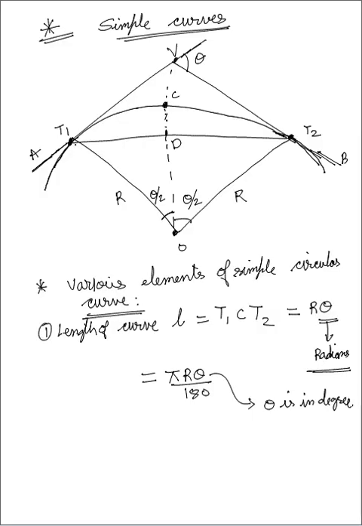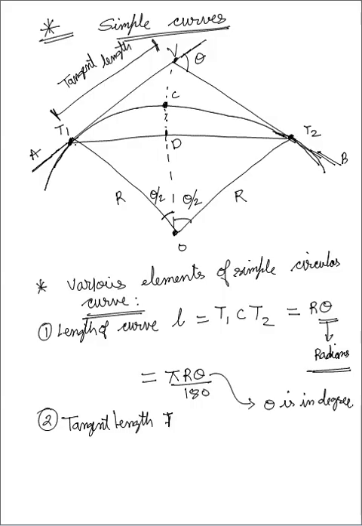Then the second element is your tangent length. Let me show you what is tangent length. This is tangent length T. In this diagram, you can see that this is your tangent length from point T1 to point V. This is your point T1.